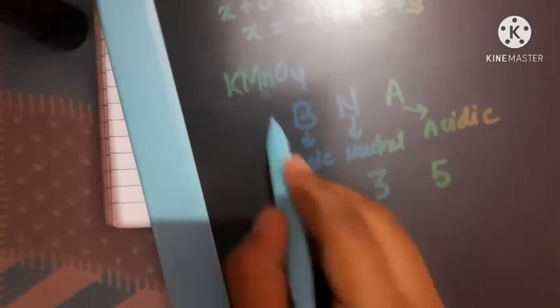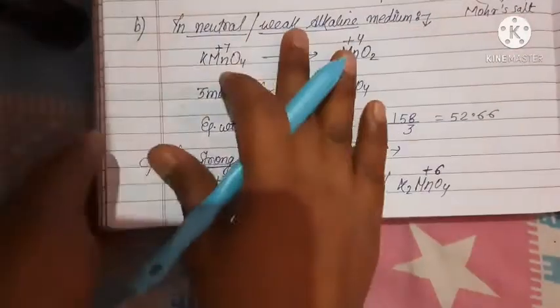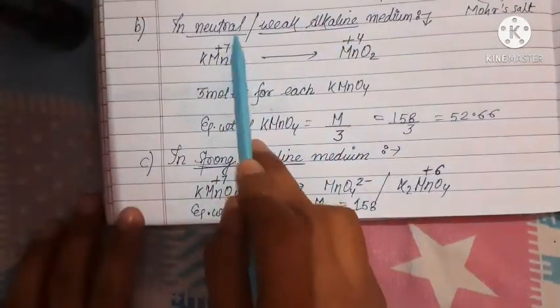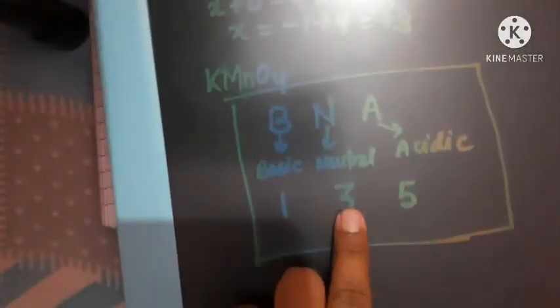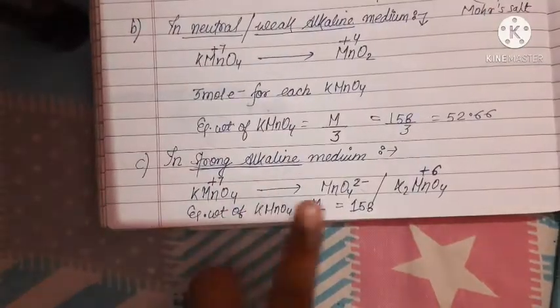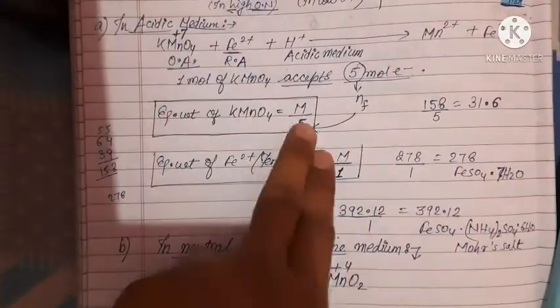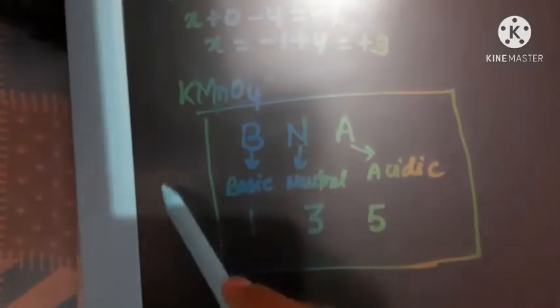So BNA is 1, 3 and 5, the gain of electrons. In neutral or weak alkaline medium, you have seen that it gains 3 moles of electrons, so in neutral medium 3. In strong alkaline medium it gains 1 electron, so I have written 1 here. And in acidic medium it gains 5 moles of electrons, so this is going to be 5. So you can learn this trick.